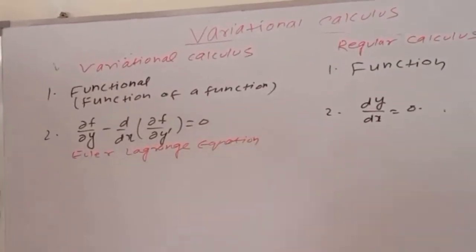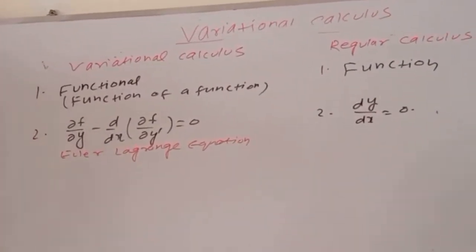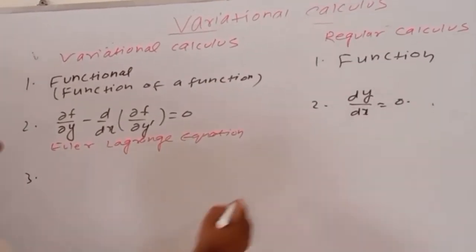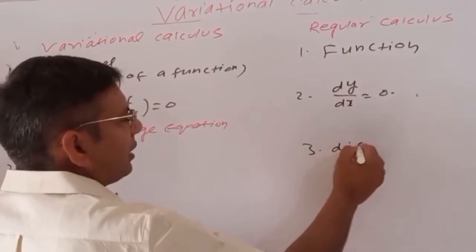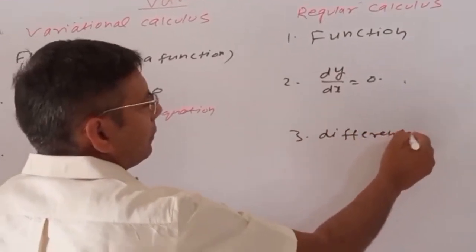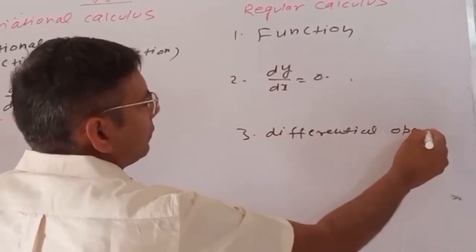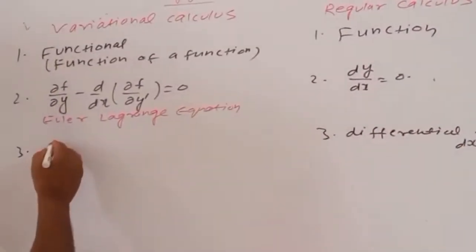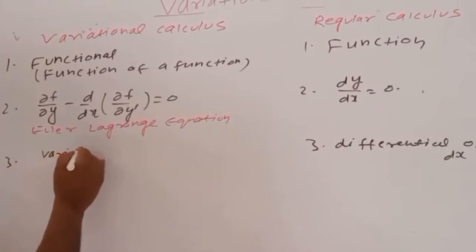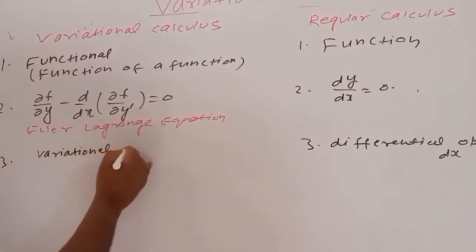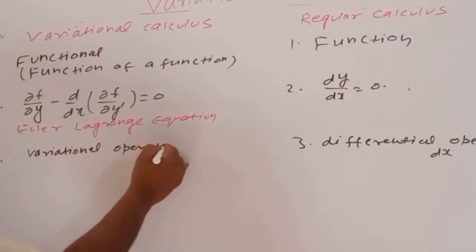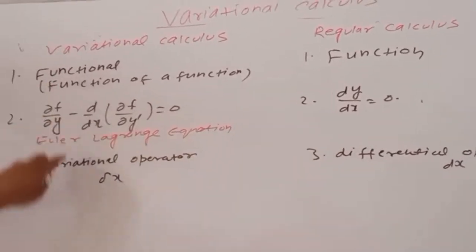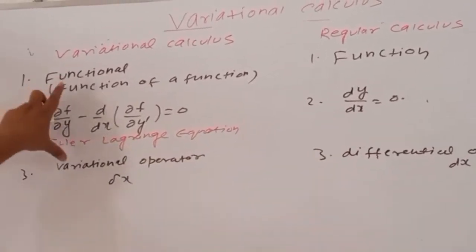So what other things have we seen here? We can take a third one. In regular calculus it was the differential operator d by dx, and here it is the variational operator. There are other things also, but these are the main ones.